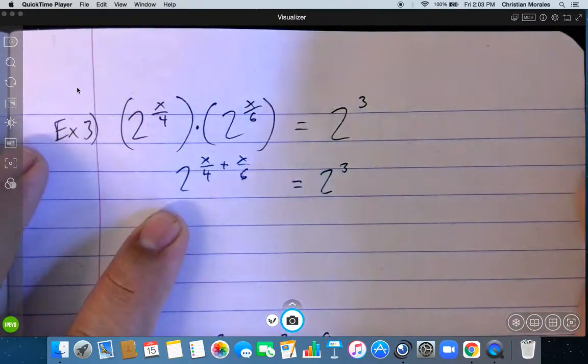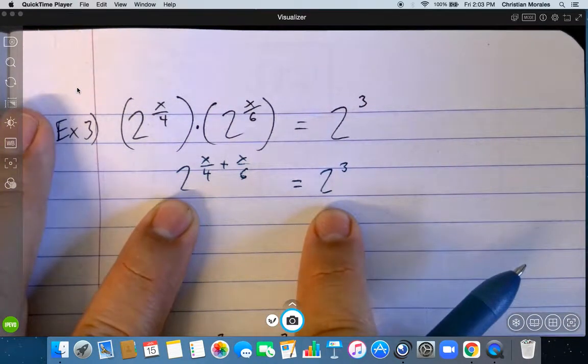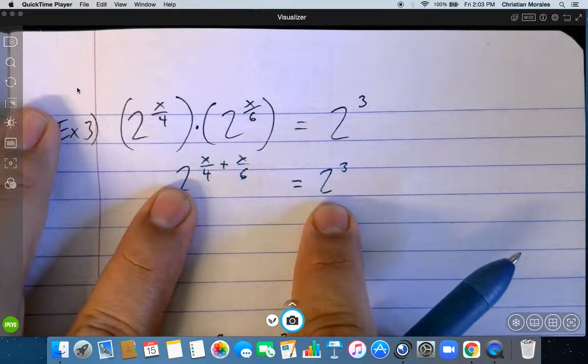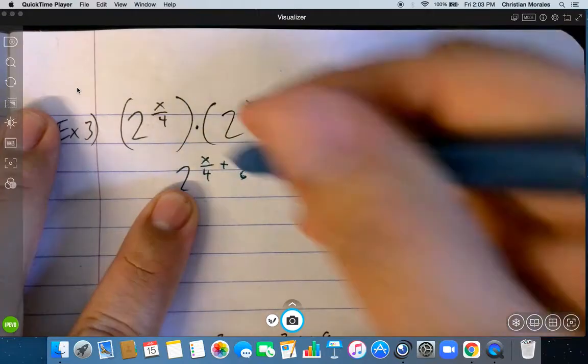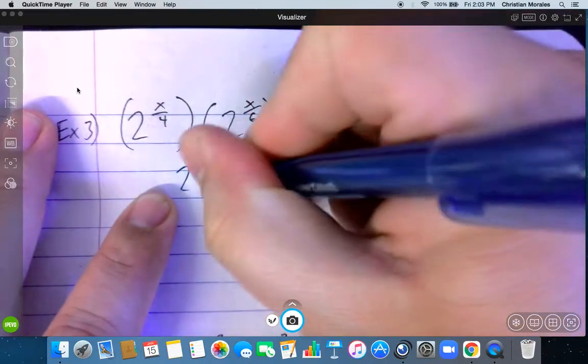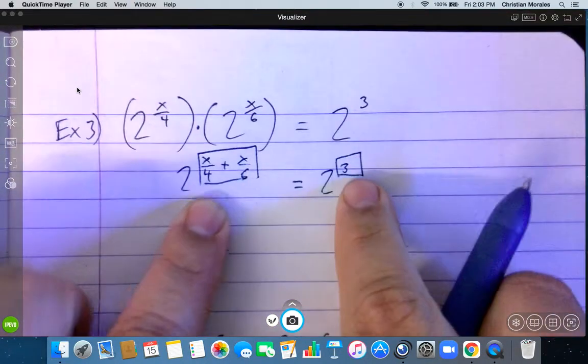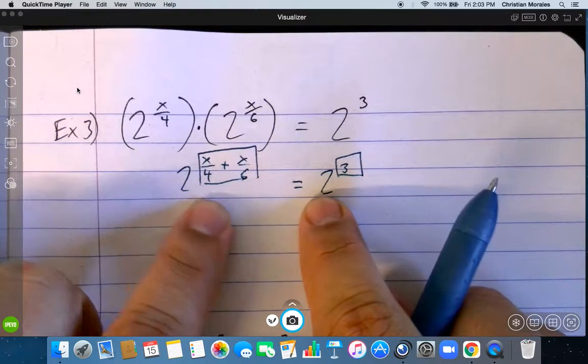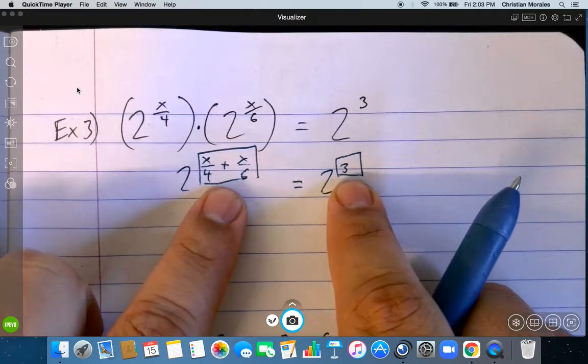All right, now if you notice, they have the same base. If this is an equation and the base is already the same, the only thing we have to focus on now is the exponents. So now our attention goes from the 2's, which we're done with, they're already the same, to making these the same.